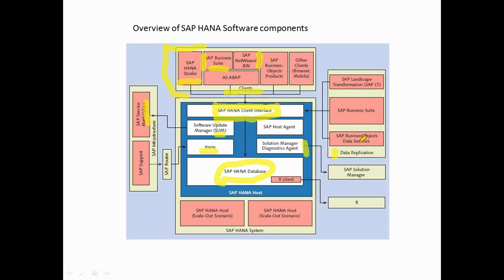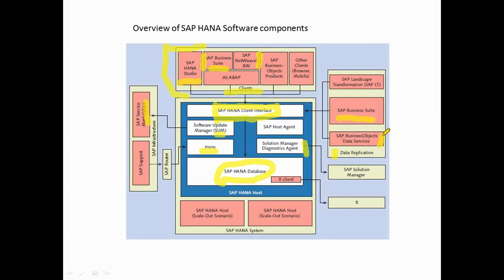Okay, so data replication. Suppose you have a separate system, how will the data flow from your front-end system to the back-end database system? The most important thing that we use is SAP Business Suite, where you can pass the data directly without any conversions.